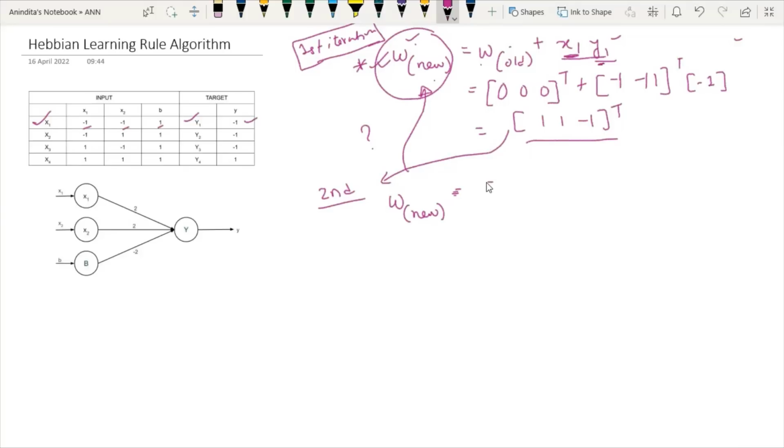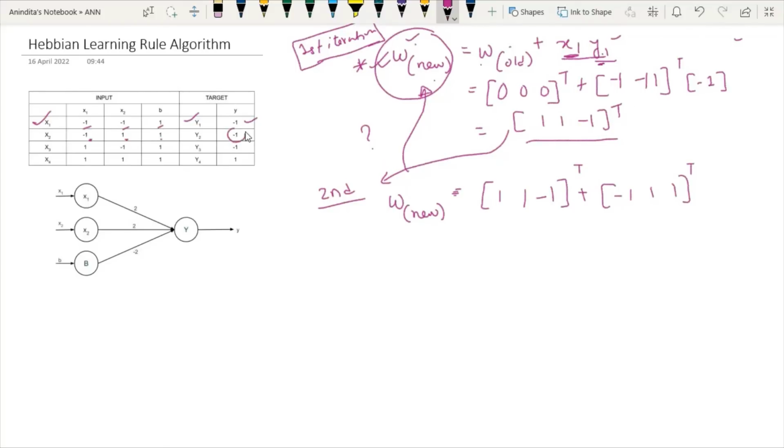Then the formula will be x2 and y2. What is the value of x2? Minus 1, 1 and 1. And what is the value of y2?